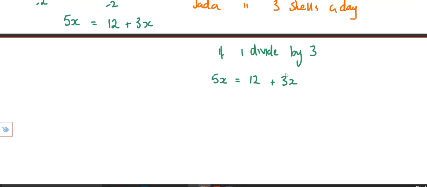X equals whatever. So this side I would divide by 3. That would be messy. But I have to divide the whole side by 3. Everything by 3. I think what Maron was saying was, let's divide only this bit by 3.